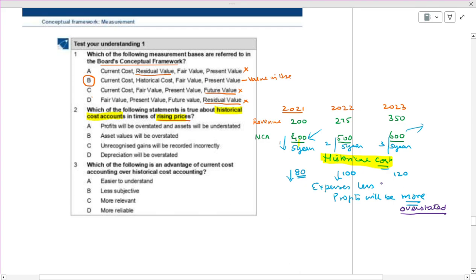Understand with examples and numbers, then it will be easy for us to make a conclusion. When prices are increasing, what will happen? One asset we are showing at 600, one asset we are showing at 400. When prices are increasing, the assets are going to be understated.